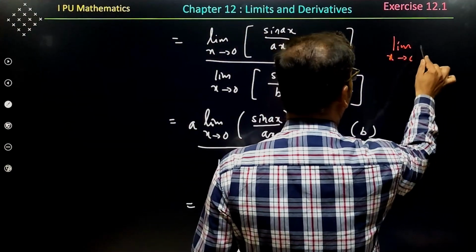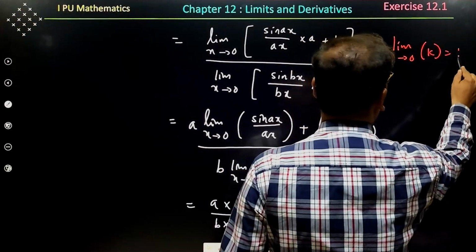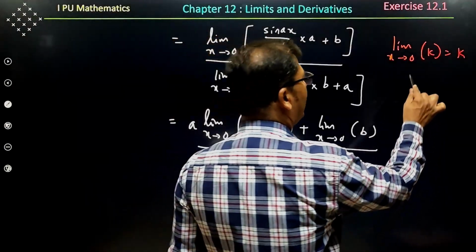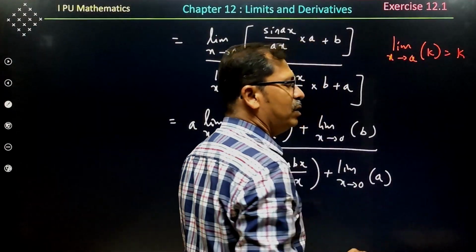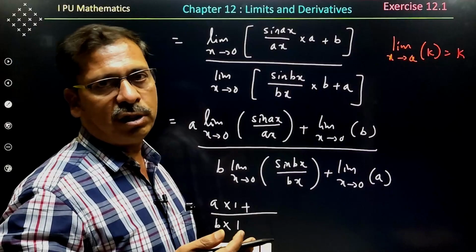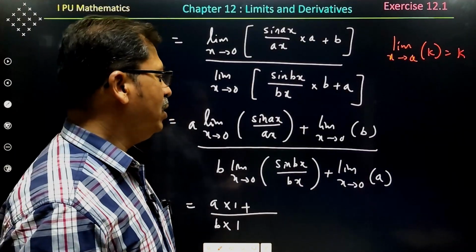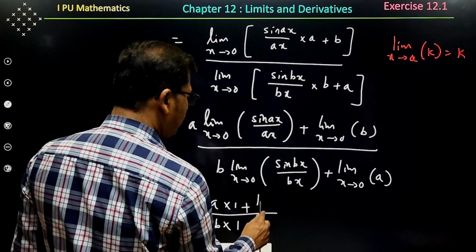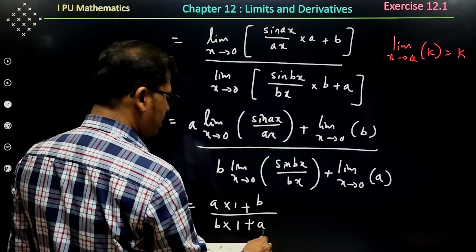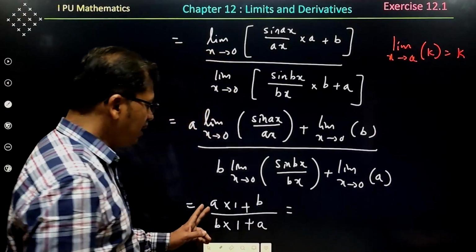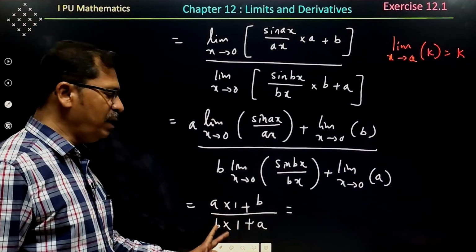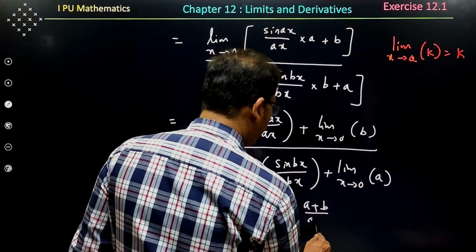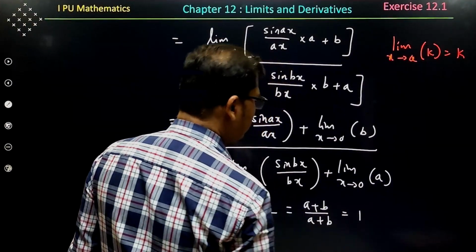Limit x tends to 0 of some constant is equal to the constant itself. Not x tends to 0 but x tends to a, as we said in the theory. Limit x tends to a of some constant is equal to the constant itself. No change in it. So definitely b remains b only. In the denominator, a remains a only. So a into 1 is a, plus b. In the denominator also a plus b. So a plus b and a plus b cancel. So the final answer is 1.